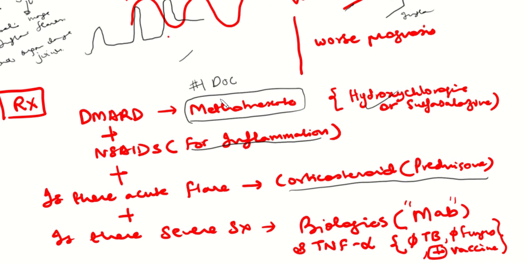And then if there are severe symptoms that are not being managed by methotrexate, we look at biologics, which are monoclonal antibodies, and anti-tumor necrosis factor alpha. Again, whenever we are giving anti-TNF therapy, we're going to basically take out their immune system. So we want to make sure we vaccinate these people. We check them for TB before we start therapy.